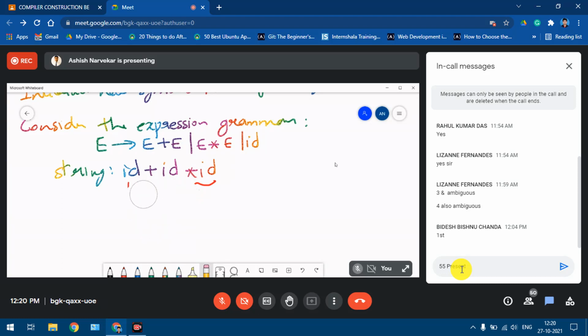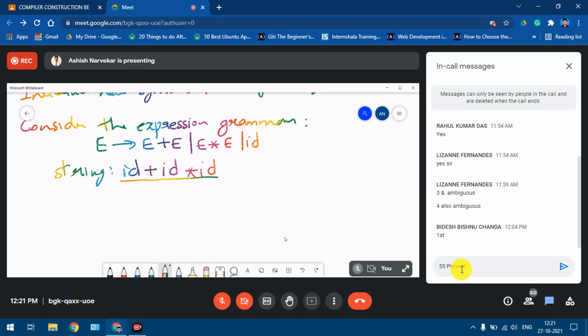Now, since this is the case, I'm not redrawing the parse tree for this. I already drew it at the start of the class. It shows that we can have two different parse trees.